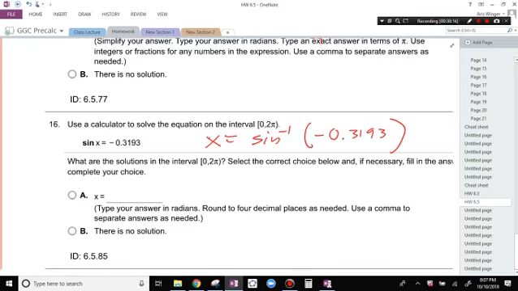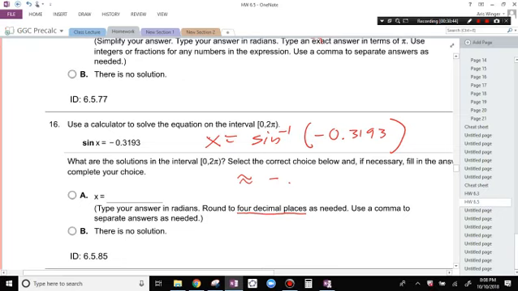Inverse sine of negative 0.3193. Tell me what that is. Okay, so that is approximately negative what? They want 4 decimal places for our answer, so let's give a bunch of decimal places for this.